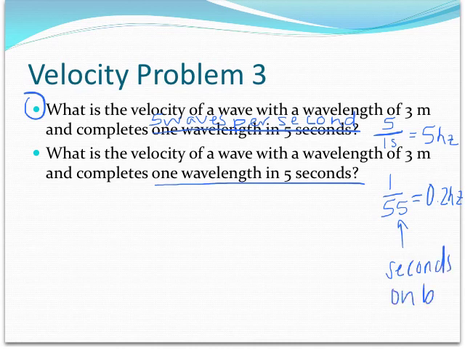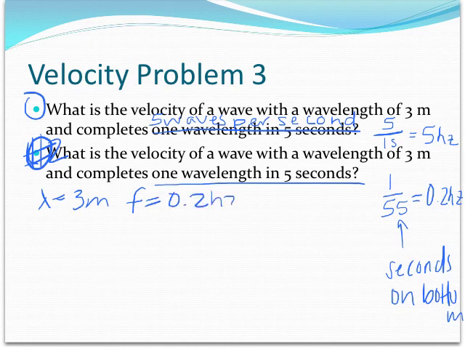All right. So we know our lambda is 3 meters. If we're actually solving the second one, frequency is 0.2 hertz. We know velocity is equal to frequency times lambda.